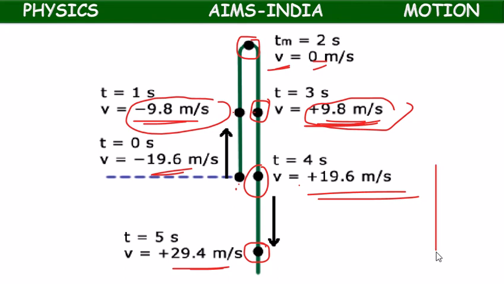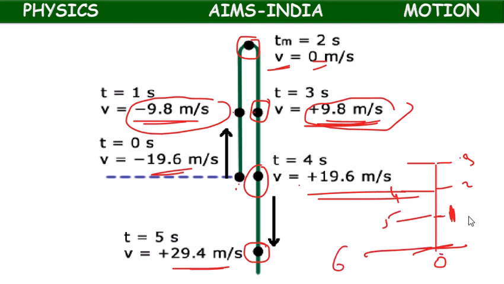Suppose this vertically projected body goes from 0 to 1 second, 2 seconds, 3 seconds, then coming down, 4 seconds, 5 seconds, 6 seconds. 0 to 1 second is the first second, 5 to 6 seconds is the last second.